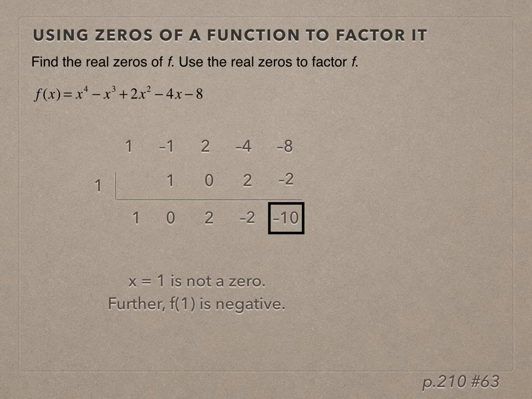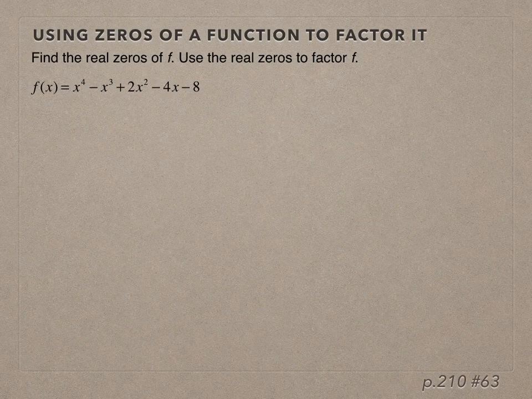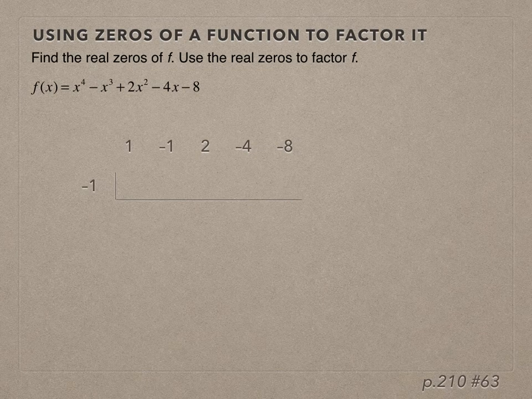So we are going to repeat this process, but try synthetic division with -1 this time to determine if -1 is a real zero of the function. So same thing, we bring down the 1 and we multiply. Now we add, we multiply again, and we add these two numbers together. 4 times -1 is -4.